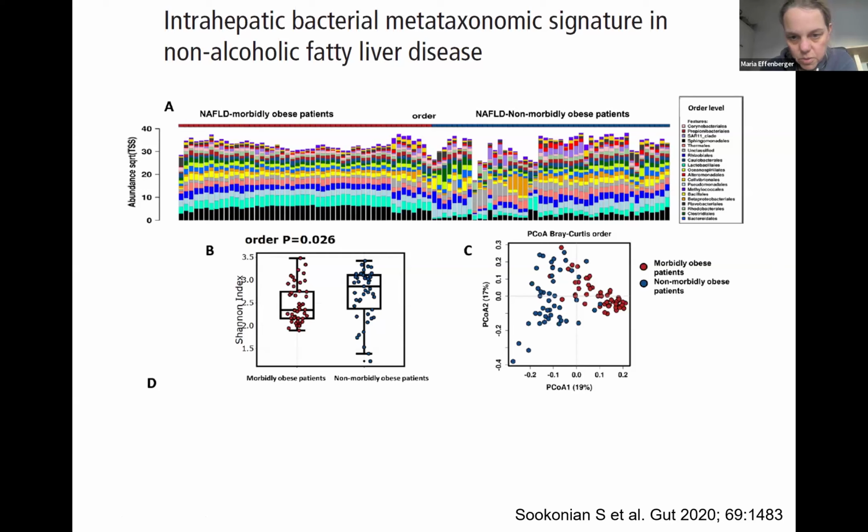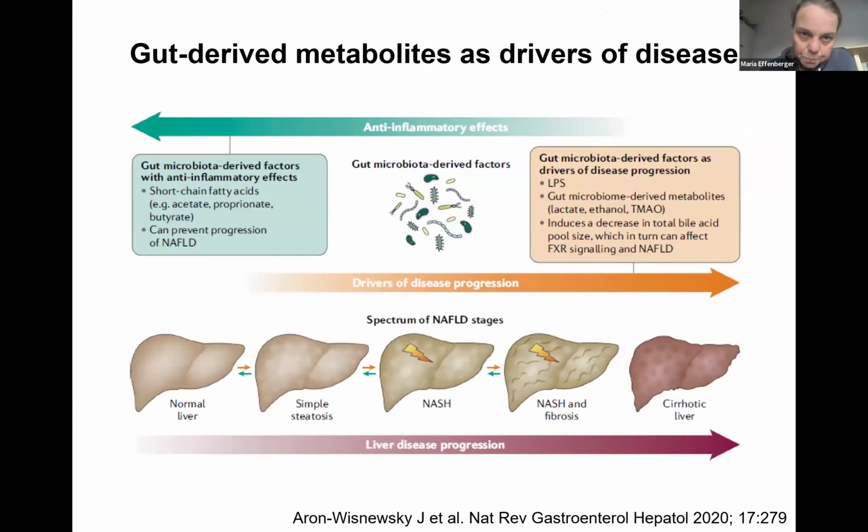And you also see, if you look at these analyses, that the Shannon index and the PCoA, the biocrates index, is completely different between people who are severely obese and patients who are not severely obese. This goes along with what I've talked about earlier, that the adipose tissue, the liver, the microbiome, the brain, and the heart are all interacting.